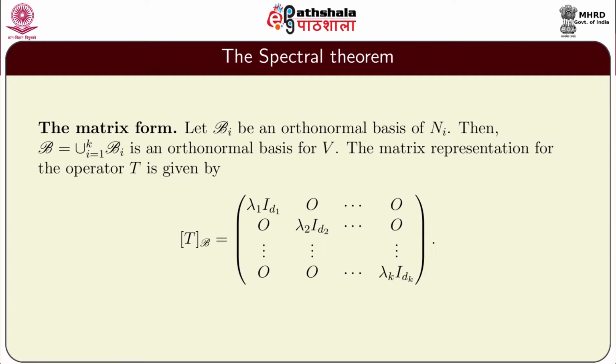Lambda 1 up to lambda k are of course the distinct eigenvalues, and all other entries are 0.